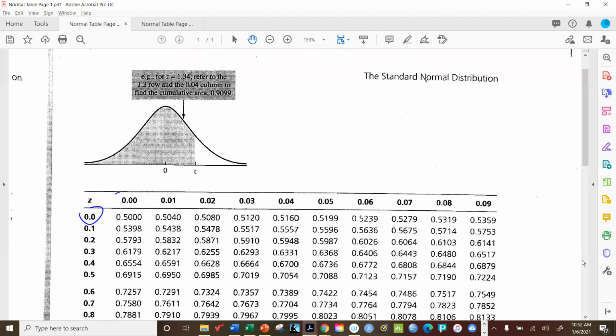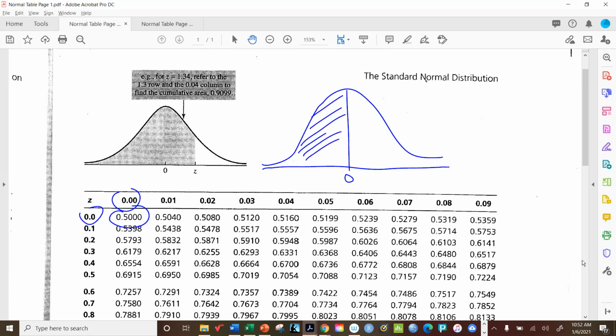Here's 0, here's 0, and this is 0.5, because again, the center of this distribution is 0, and half the area is below that. So if you'd chosen to use the table for that last example, you would have still gotten 0.5.